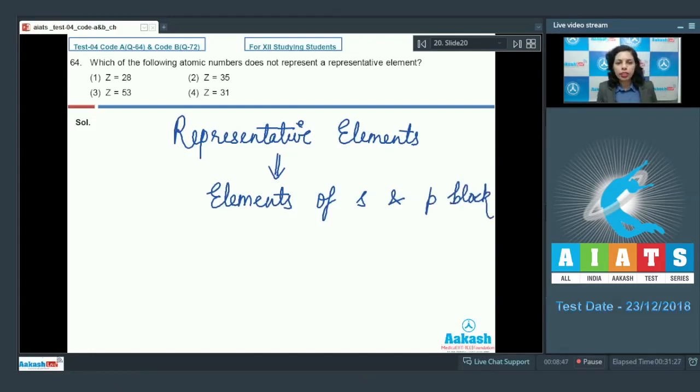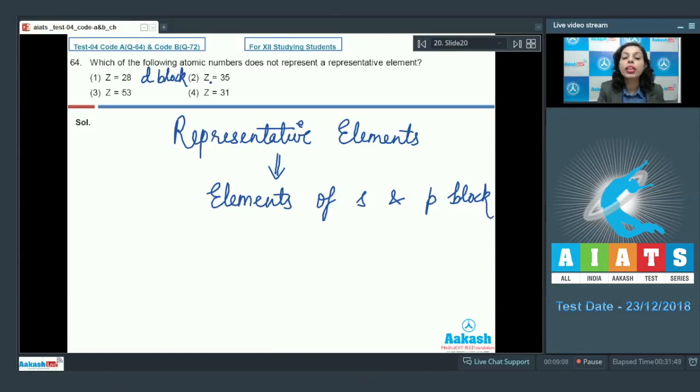So we have to check the block of the given elements. The first element has atomic number 28, this is nickel, and nickel is a D block element. It's not of S or P block. That's why it is the answer, but let's check further options also.